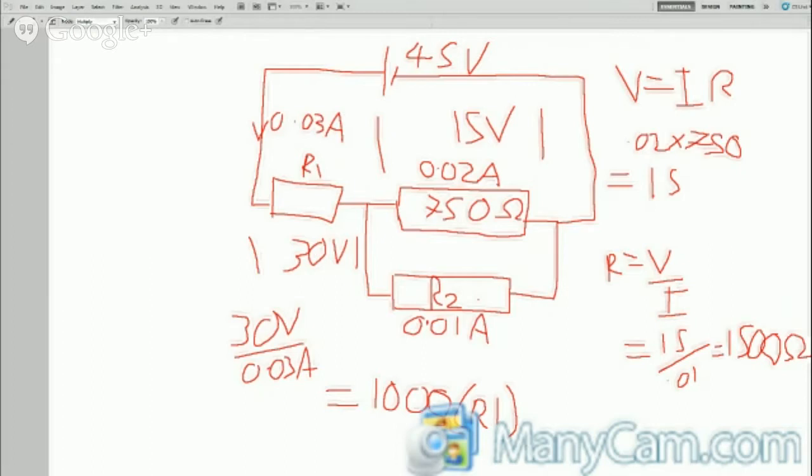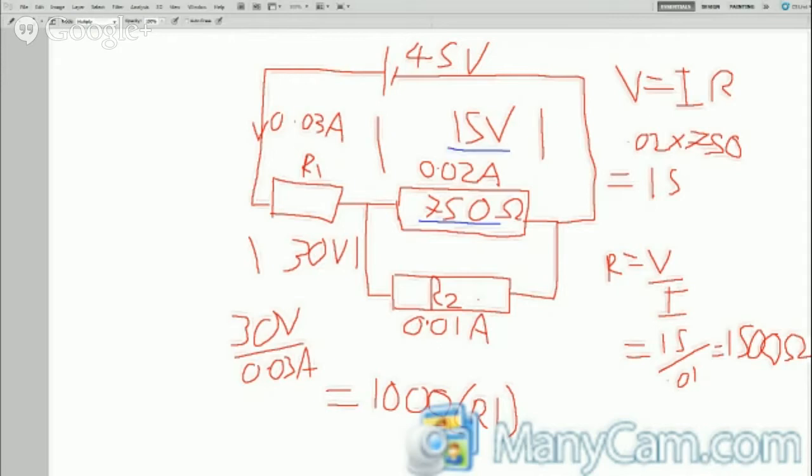Oh, okay. Right, let me run through it one more time. I didn't realise the mouse wasn't showing. I'll scribble on top of it so that you can see. So, our 750 ohm resistor has 0.02 amps going through it, and it's got 15 volts across it.